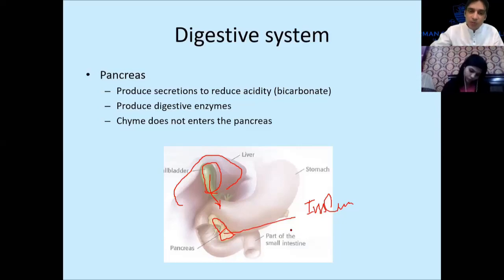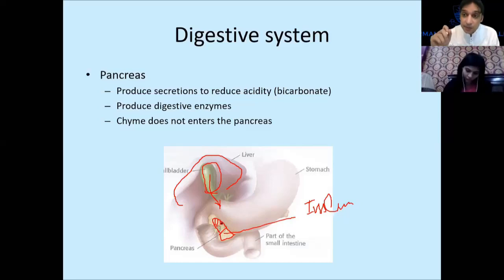The other part of the pancreas is involved in digestion. It produces a mixture of enzymes which helps in the digestion of the components of the food. They contain enzymes which can digest proteins.